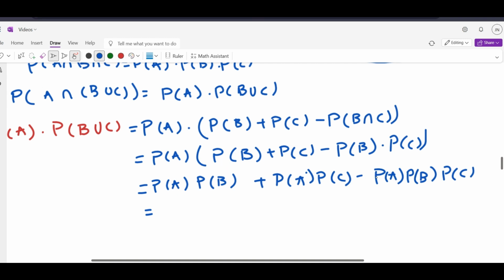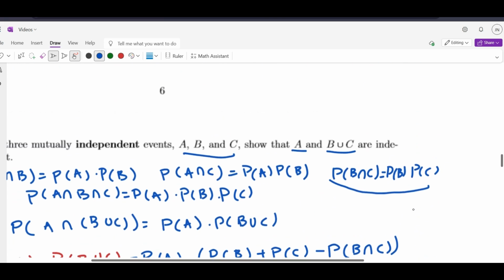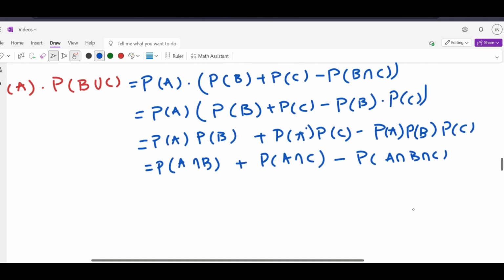First of all, this last one is just the probability of intersection of all of them. The first one is the probability of A intersect B. According to hypothesis, this one is probability of A intersect C. And the last one is the probability of intersection of all of them, according to hypothesis. Now let's see.